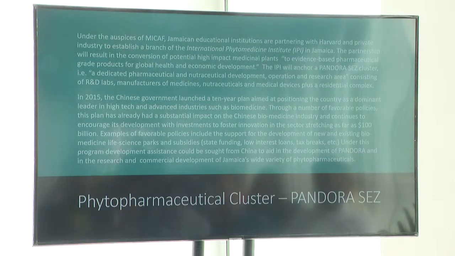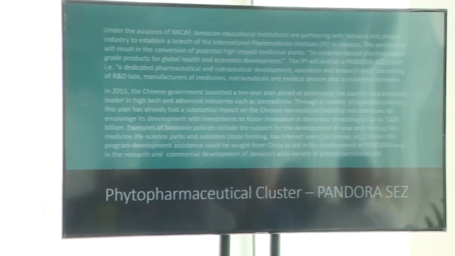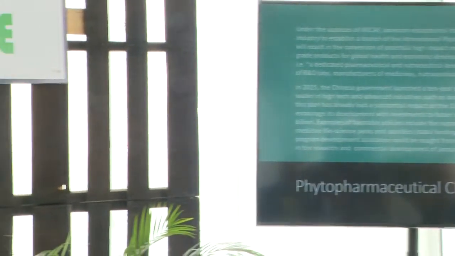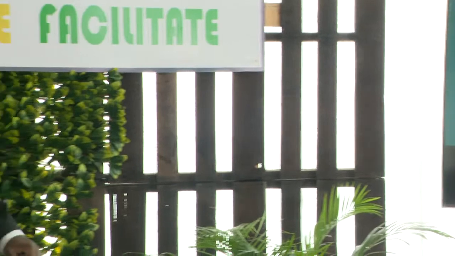So this just gives some information on why we chose some of these clusters. Jamaica has one of the highest concentrations of medicinal plants, and a lot of research is currently being done. We're working with an institute out of Harvard to establish a Phytomedicine Institute.